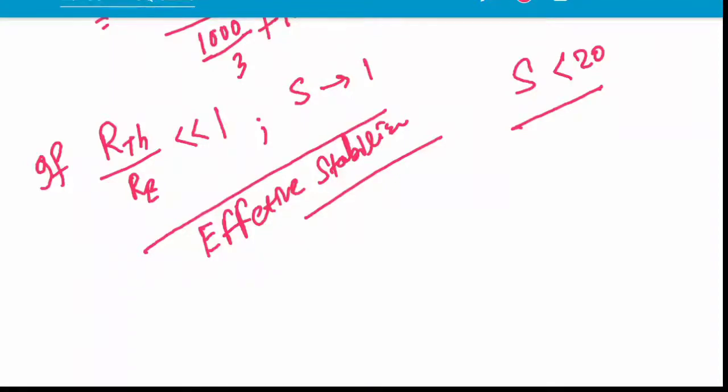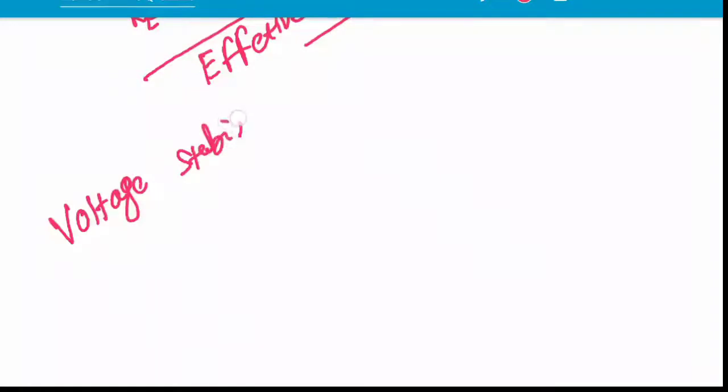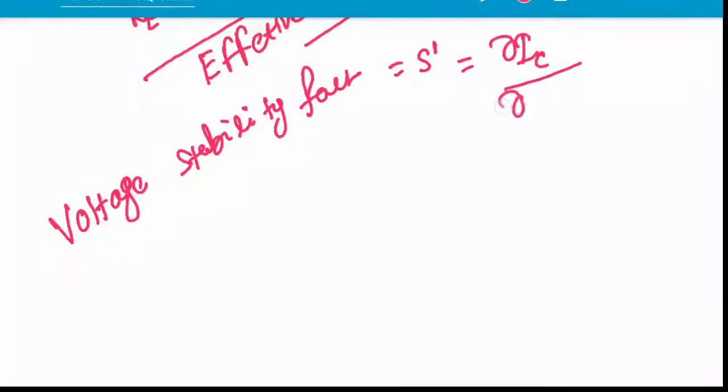There are also voltage stability factor. Voltage stability factor is given by S prime, which is del IC by del VBE, and the unit is ohm inverse.